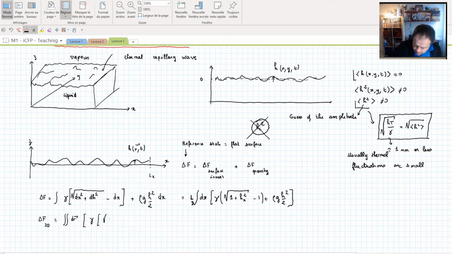Pardon. 1 plus the gradient of the position squared minus 1, plus rho g h squared.